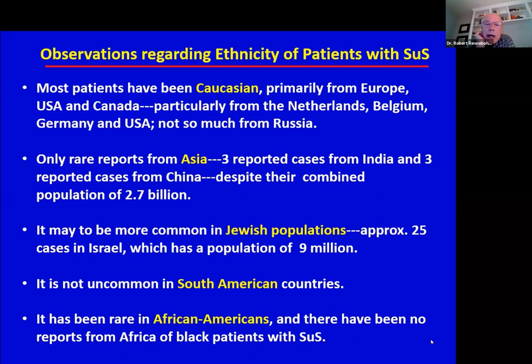It may be more common in Jewish populations. I say that because I've been aware of approximately 25 cases in Israel, which has a population of only 9 million. It is not uncommon in South American countries. It has been rare in African Americans, and there have been no reports from Africa of Black patients with Susac syndrome.